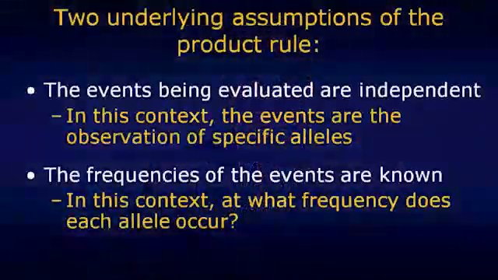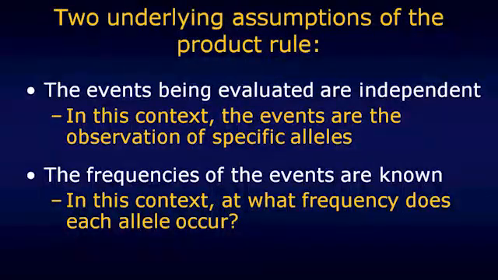And in addition to that, not only do these alleles need to be independent within a locus, there's a need for independence across loci as well. If that assumption isn't true, that there's this independence of the presence or absence of alleles within and between loci, then we don't have any business multiplying those allele frequencies together.